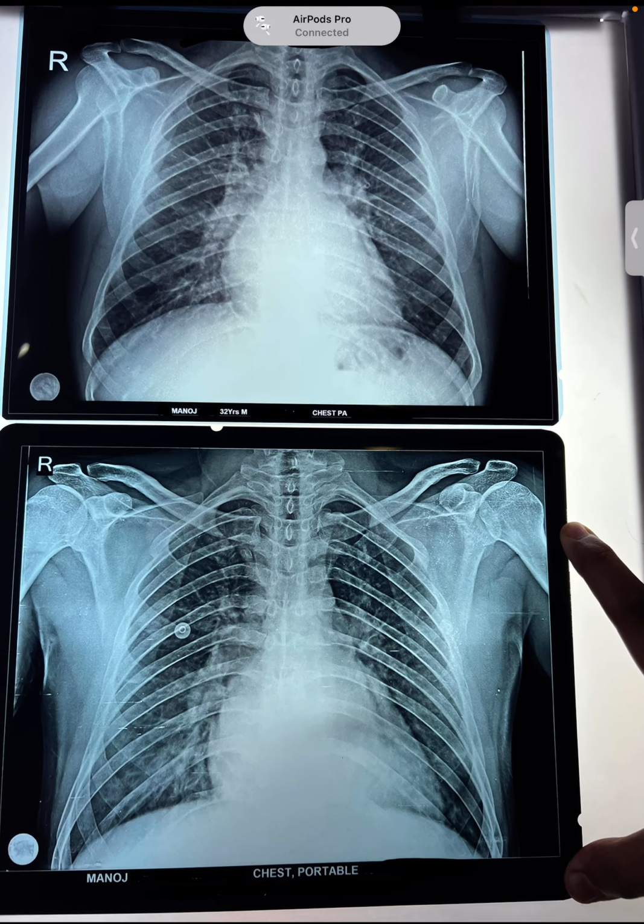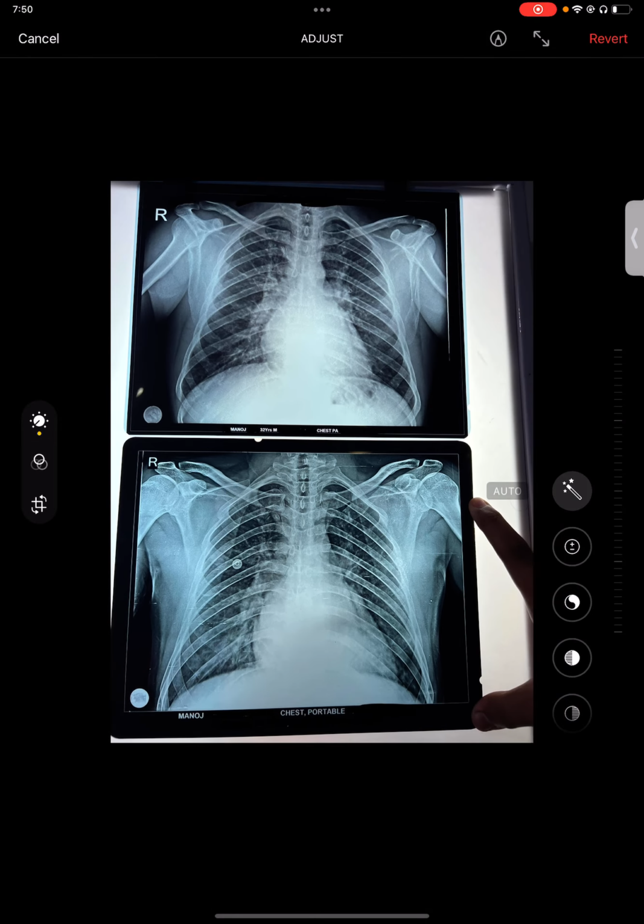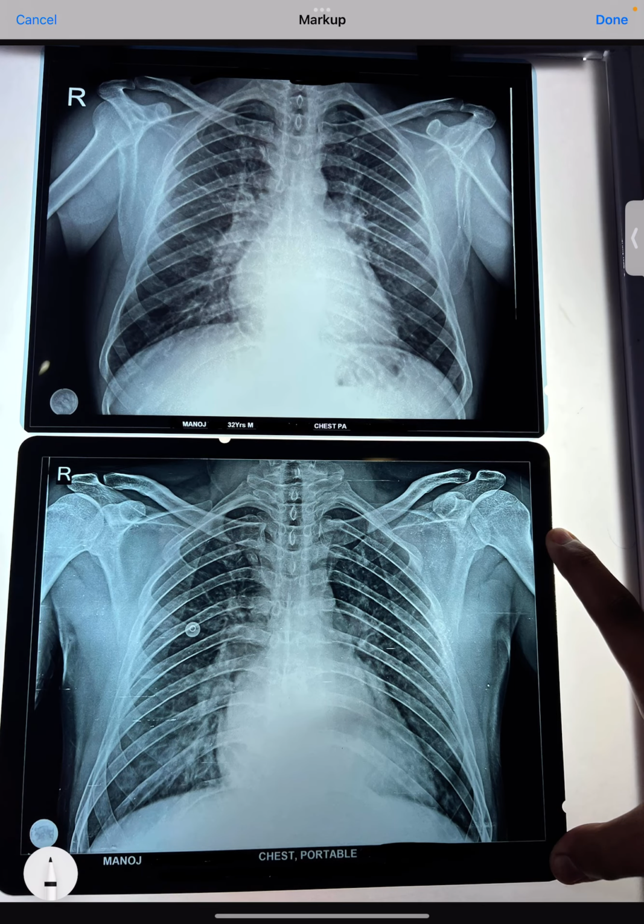Now, this is an X-ray of the same patient and done on almost the same day. So the upper X-ray is the X-ray which has been taken in posterior anterior view.